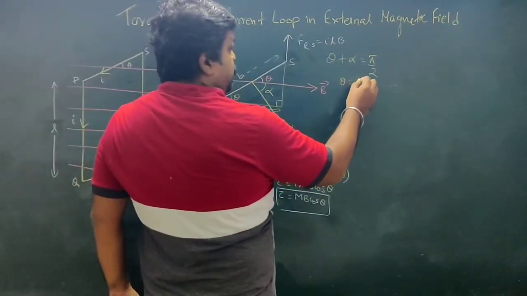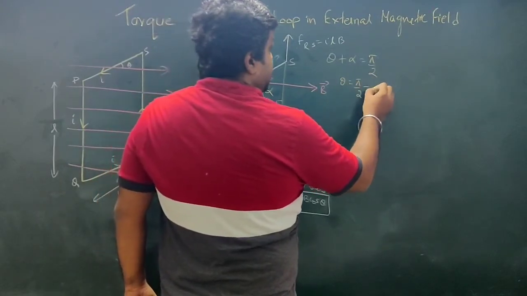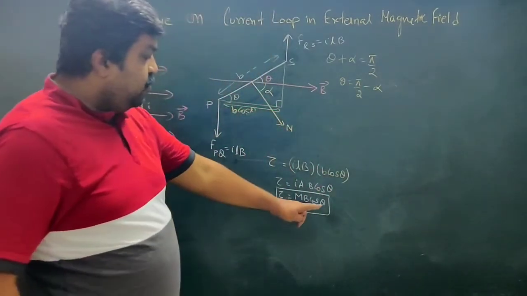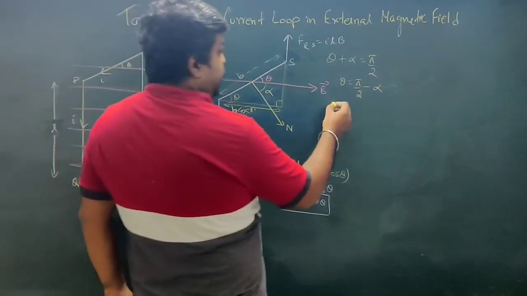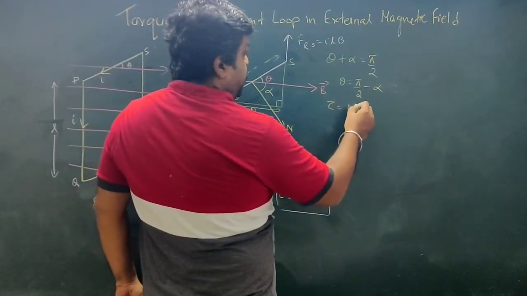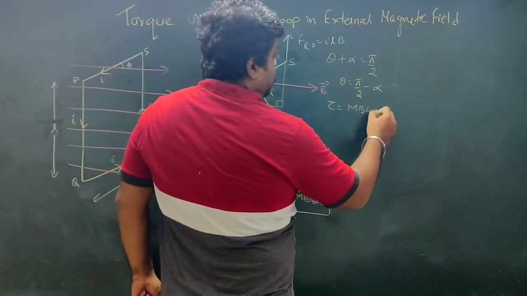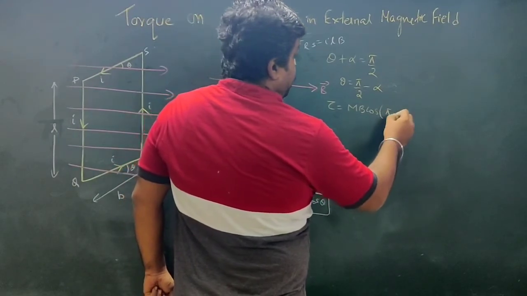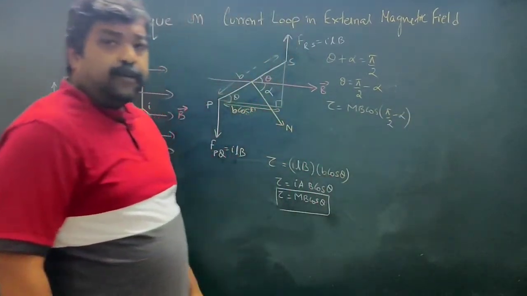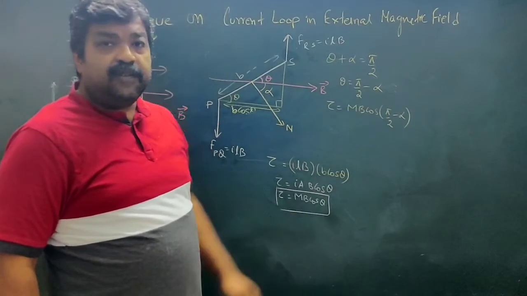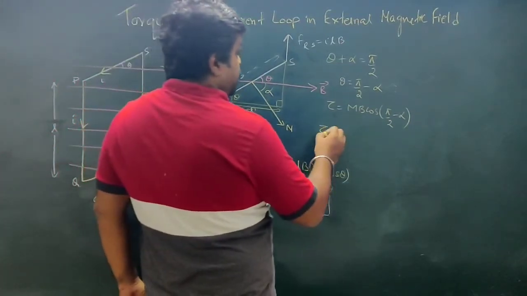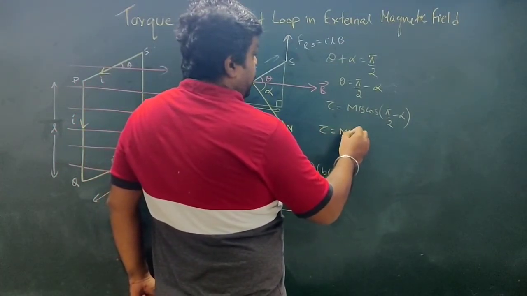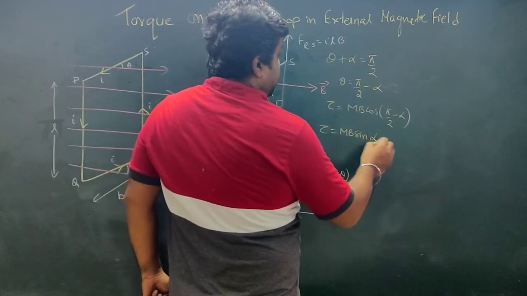So theta is equal to pi by 2 minus alpha. So if you make that substitution over here, we have tau is equal to MB cos pi by 2 minus alpha. Cos pi by 2 minus alpha is sin alpha. So tau is equal to MB sin alpha.